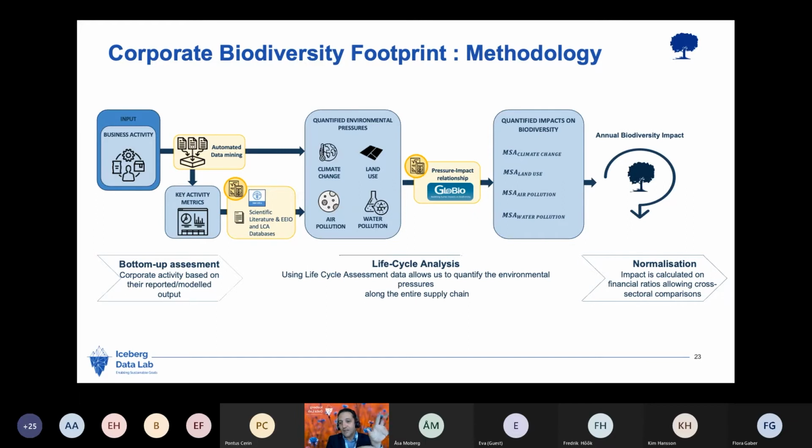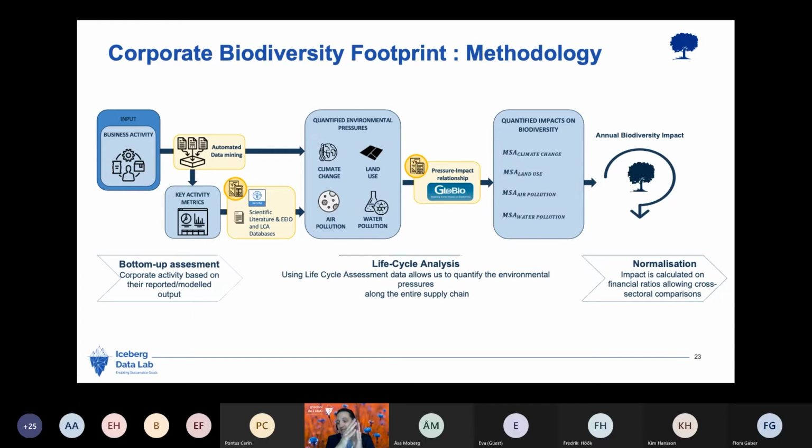For that, our data sources are only publicly sourced data, so data reported by the company, which may come from their environmental report, operational report, so sales and purchases, or financial report. Depending on the data that we have, from the financial data, we model the physical flows. From the physical flows, we model the environmental impact. And from the environmental impact, using a damage function and the Globio model, we calculate an impact on biodiversity.